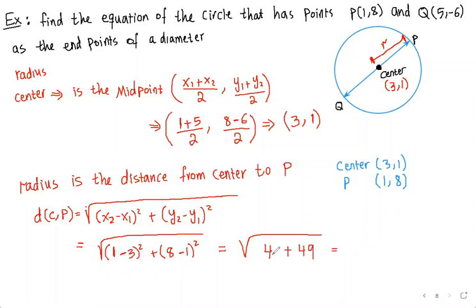So now 49 plus 4 is 53. So this is my radius, the square root of 53, and this is the center. So I get the radius. Here is the center and this is the radius.